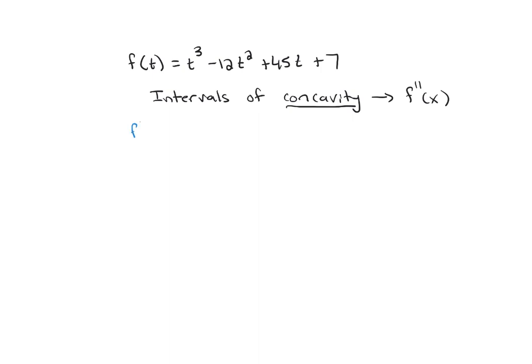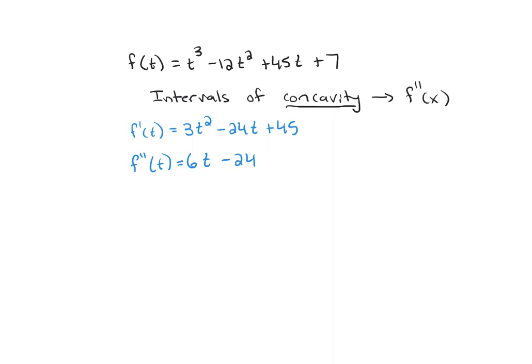Okay, so f prime of t is 3t squared minus 24t plus 45. And then the second derivative is 6t minus 24.